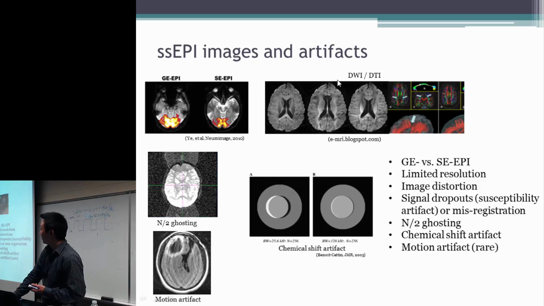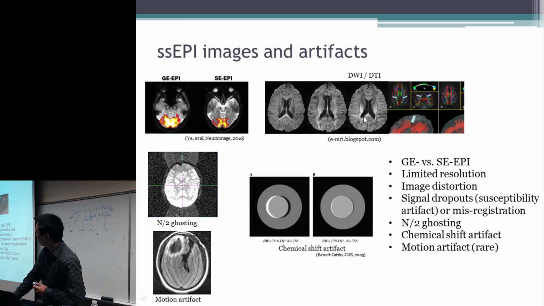Also, EPI can be used for diffusion weighted imaging or diffusion tensor imaging. For diffusion weighted, we are basically talking about the spin echo EPI, because the diffusion weighted module itself is a spin echo module. It requires the use of a refocusing pulse. So we can see the diffusion weighted image along different directions.